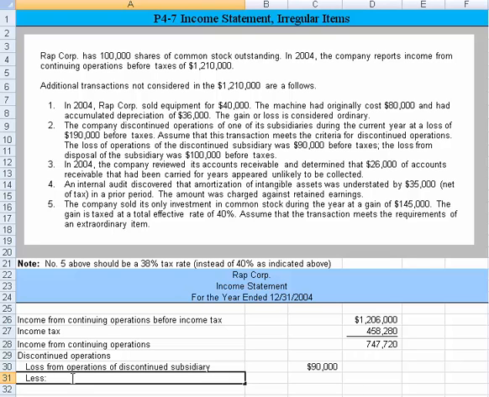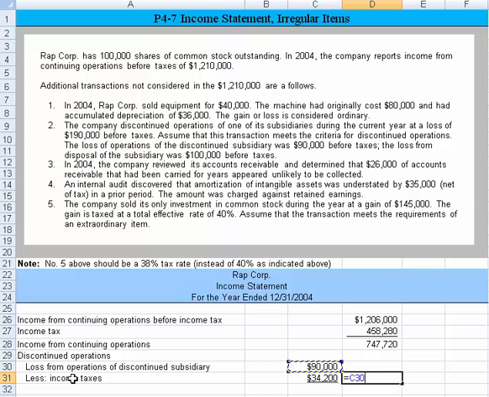Now I'm just simply going to say less income taxes. Okay, and then the income taxes is going to be the 90,000 times the 38%. So 34,200. Now we can underline that and do our little subtraction off to the side.